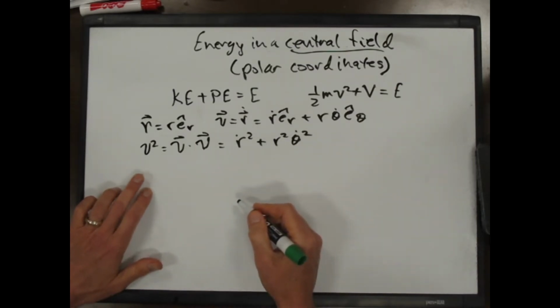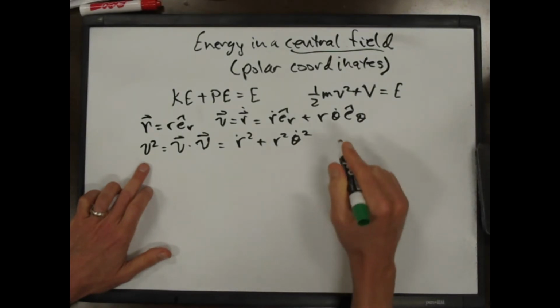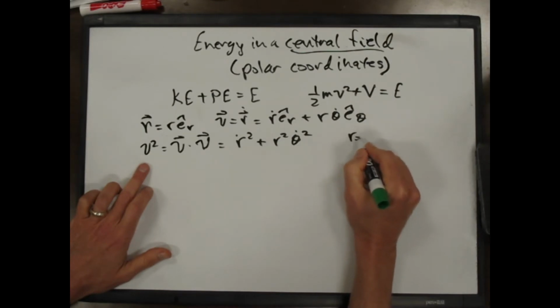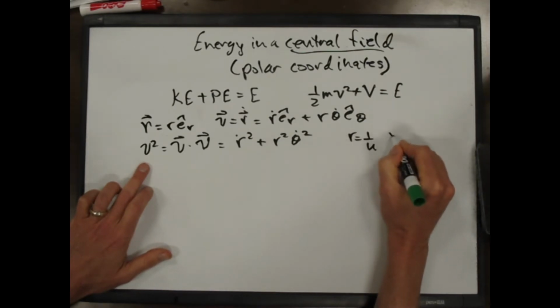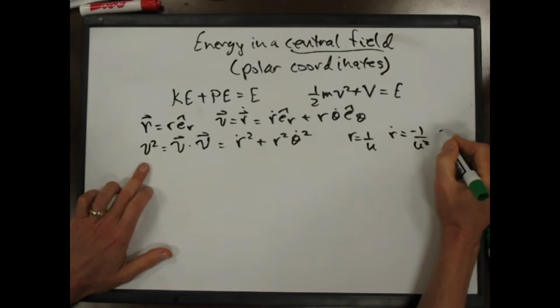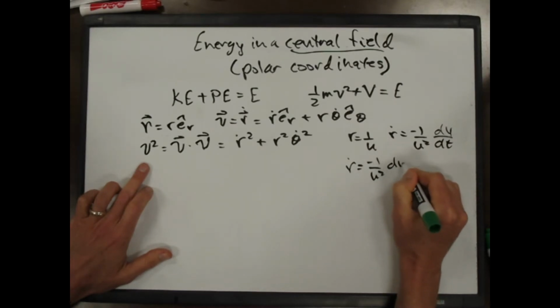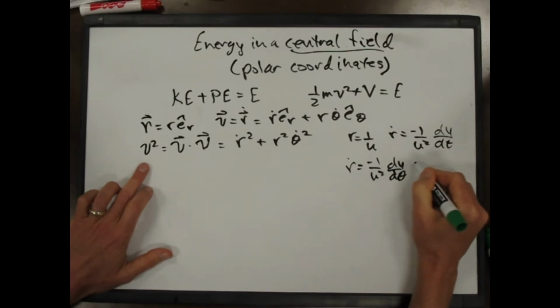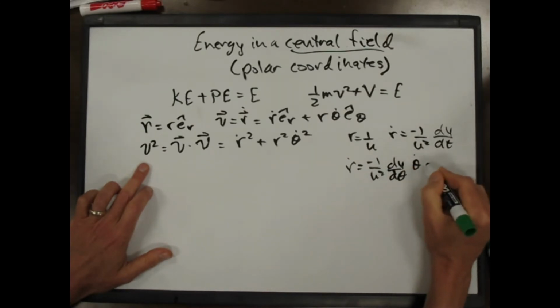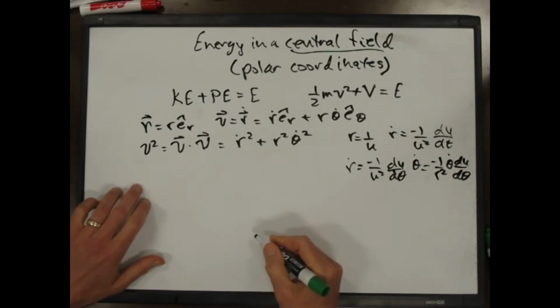And then we can sort of start to break this down the way we did when we were solving differential equations. And one of the things we did was we said, well, r is equal to 1 over u, and so r dot is equal to minus 1 over u squared du dt, and that was minus 1 over u squared du d theta dt, which is just theta dot, and so that was minus 1 over r squared theta dot du d theta, right?